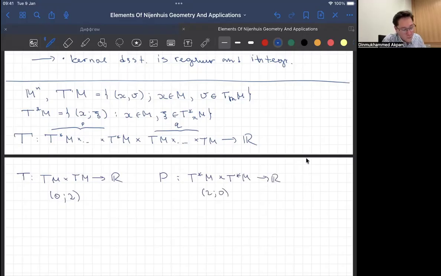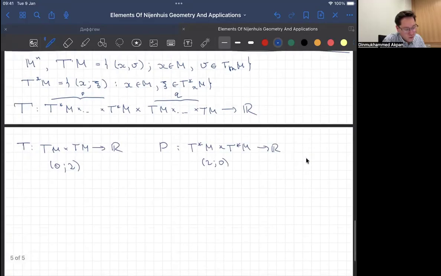And probably the most important example here is a tensor of type (1, 1), a mapping from the tangent bundle times the cotangent bundle to R. It's an operator field.